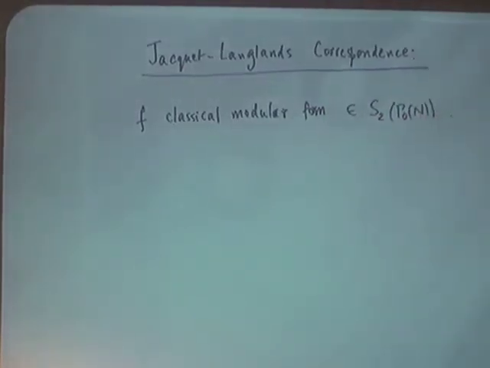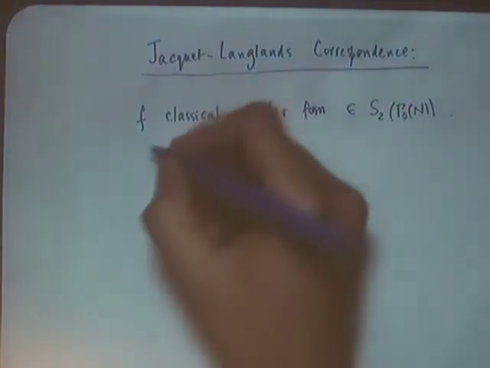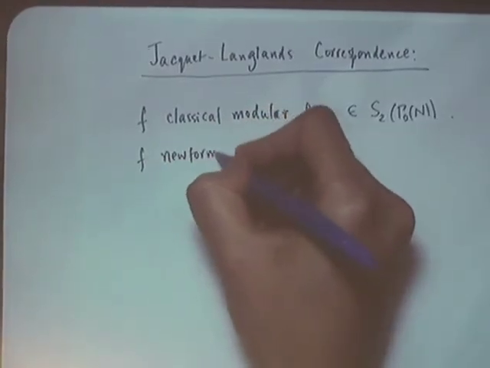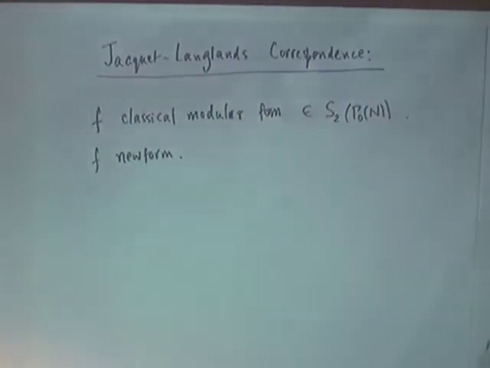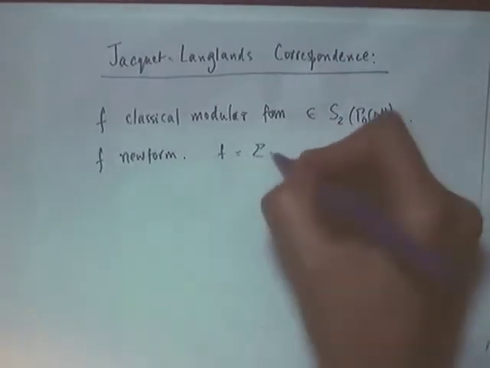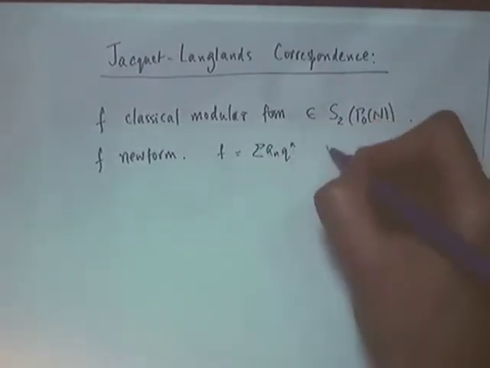So it's a cusp form of weight 2 on Gamma0(N) for some integer N. And we'll assume that f is a newform, namely that it's an eigenform for all the Hecke operators. That system of Hecke eigenvalues doesn't occur at any level strictly dividing N, and further I assume it's normalized.